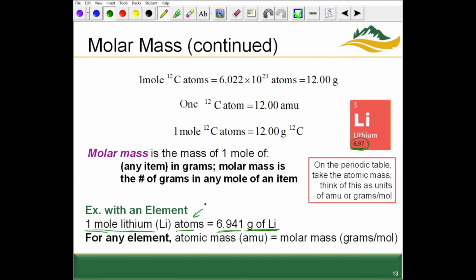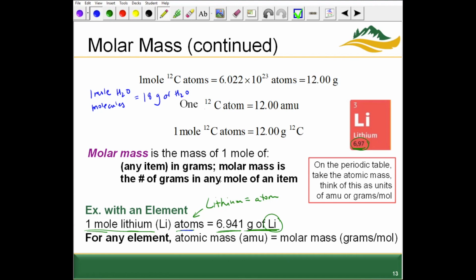Why are we talking about atoms here? It's because lithium is an element composed of atoms. We can apply this to molecules and ions, as mentioned earlier when I was first introducing the mole.